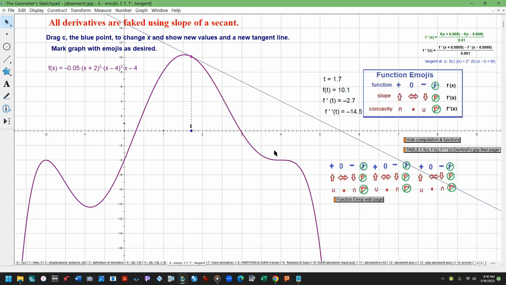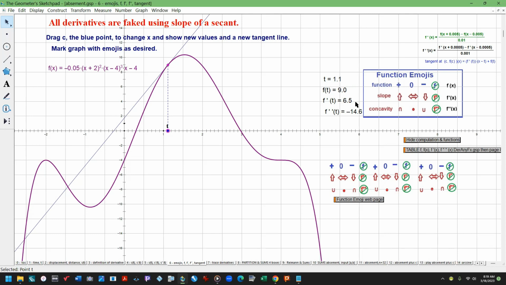Another picture we have permits one to use emojis, little stickers. So if you want to do a little sticker here, let's go. Let's look at this point, this value of t. That's the function value given.